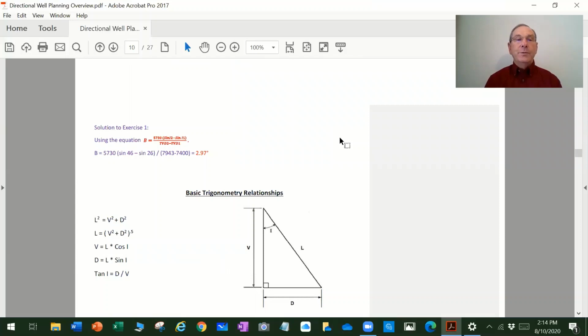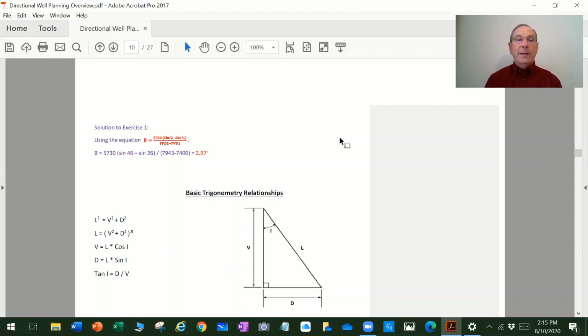Okay, if you stopped and calculated a value, you would see that if you just plug into the equation that was shown, the build rate is 5730 times the difference in the sine of the two angles divided by the change in TVD.